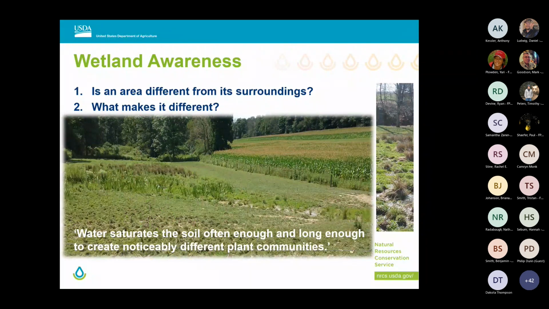Okay. So again, one, is an area different from surroundings? And two, what makes it different? If the water saturates the soil often enough and long enough, it will create noticeably different plant communities. So do you guys notice any difference here? I see here's our corn crop field over here. This looks like grass, some bare soil. Maybe this is a little bit of a heavier use area.